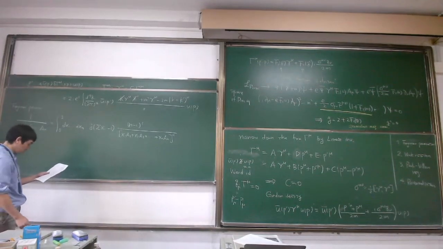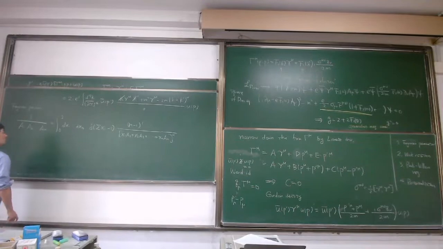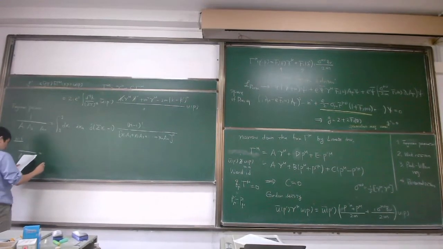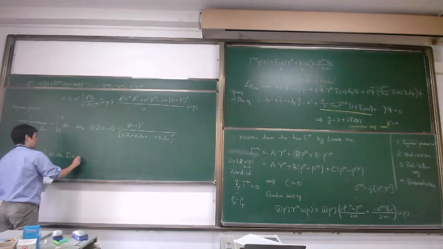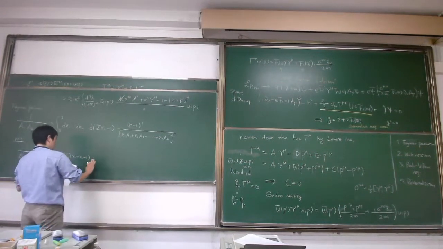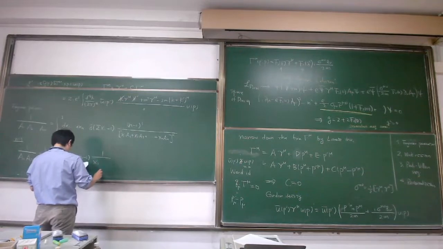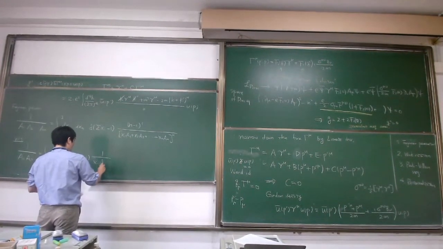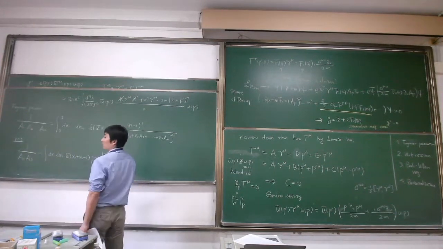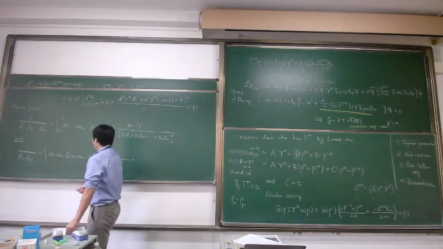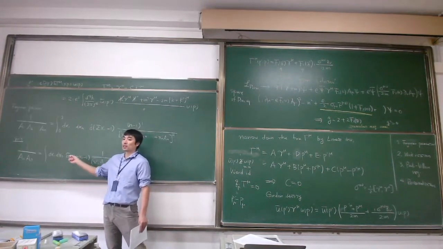And in fact, this can be shown by induction. The n equal to 2 case is super easy. We can just easily show that 1 over a1 a2 is equal to the integral dx1 dx2 delta(x1 plus x2 minus 1) times 1 over (x1 a1 plus x2 a2) squared. This is super easy to do, because once you perform the x2 integral, you just impose x2 is equal to 1 minus x1.